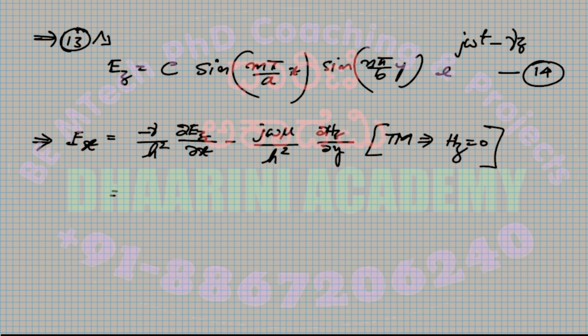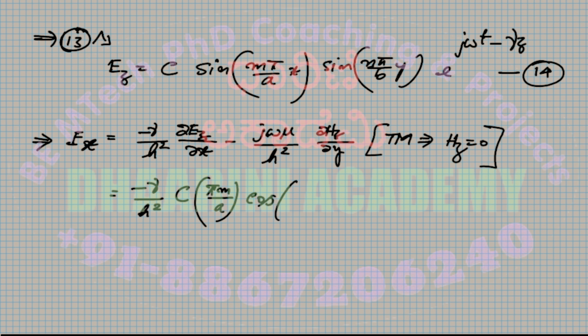Ez is in equation number 14, which I need to differentiate with respect to only x, dou Ez by dou x. After doing that, we get the following equation: minus gamma by h square, there is a constant c, magnitude, sine of m pi by a into x. When you differentiate, the m pi by a comes out, and the sine becomes cos.